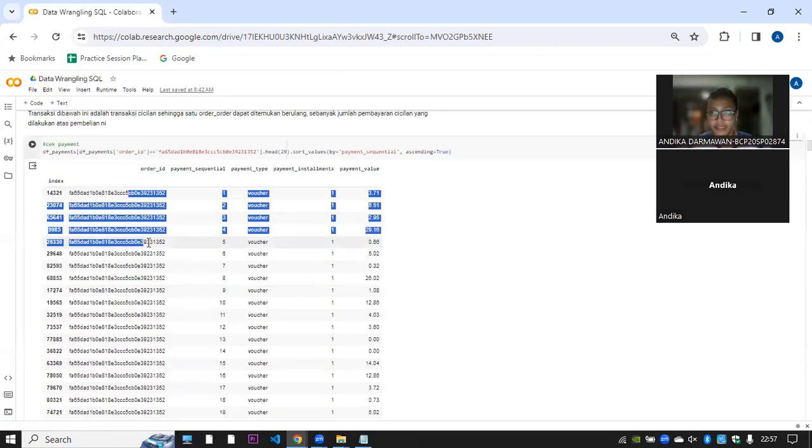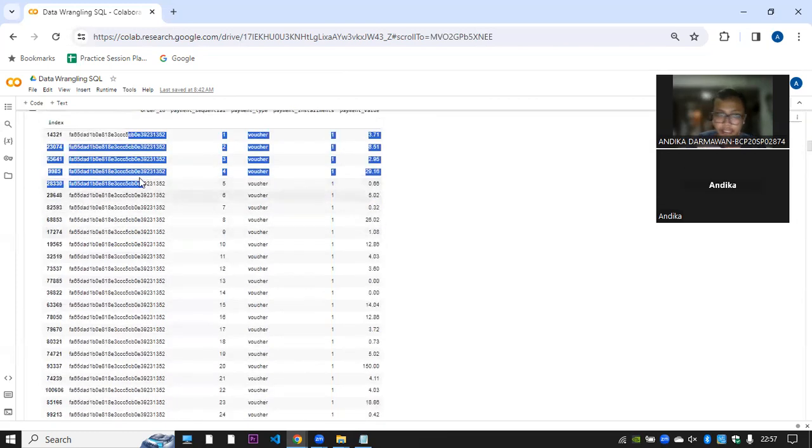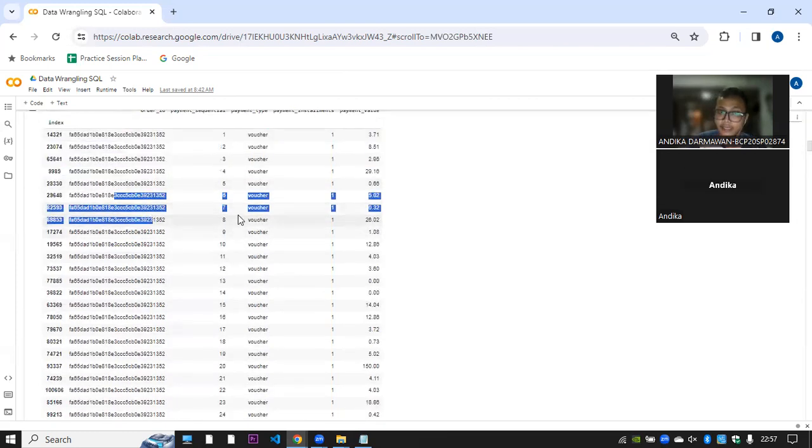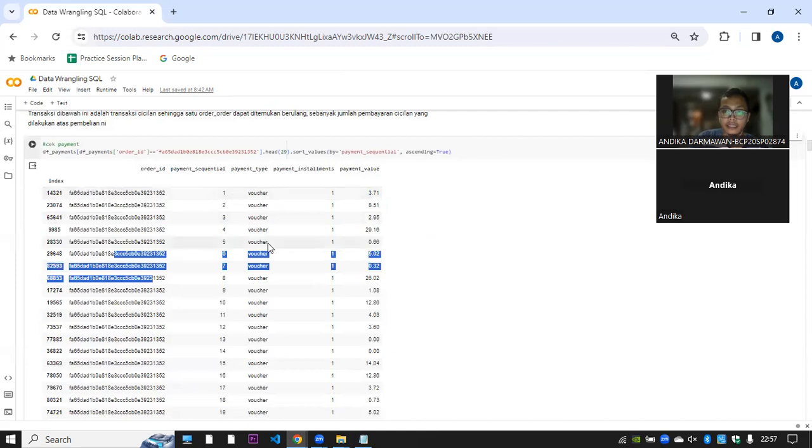The rows are duplicated because the payment table tells us about each payment sequential that the customer paid for the purchase.